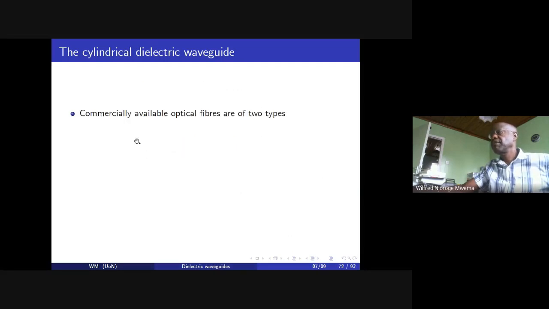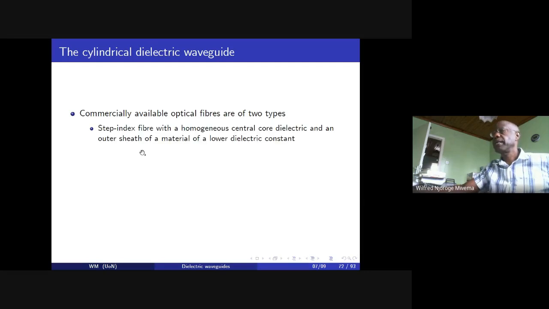And commercially available optic fibers will usually be of two types. One is called a step index fiber, with a homogeneous central core dielectric, which is the guiding region of the guide, and an outer sheath of a material with a lower dielectric constant.